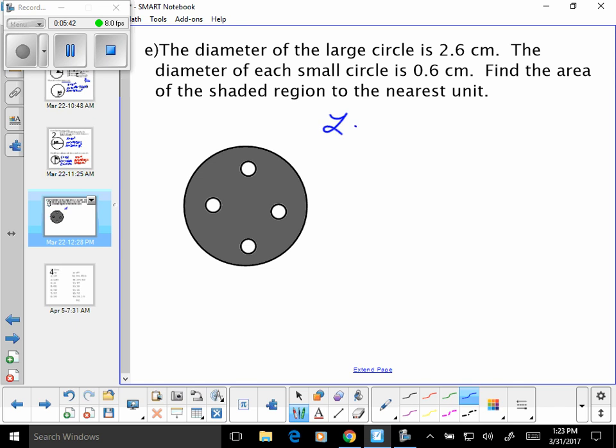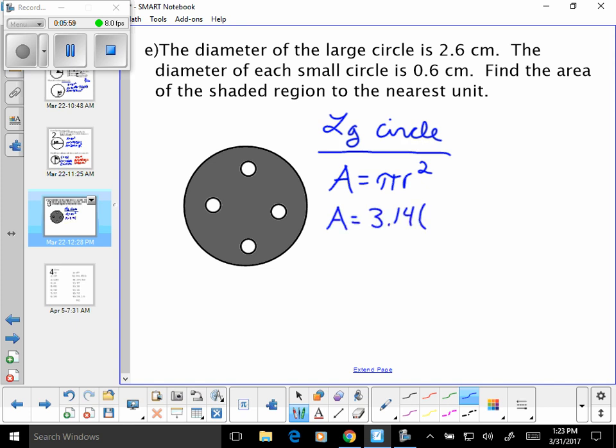I'm going to start with the large circle. It doesn't really matter, except they tell me the diameter of the large circle first. So the area here is going to be pi r squared. Now, I'm going to use 3.14. Notice my formula calls for radius, but they give me the diameter.